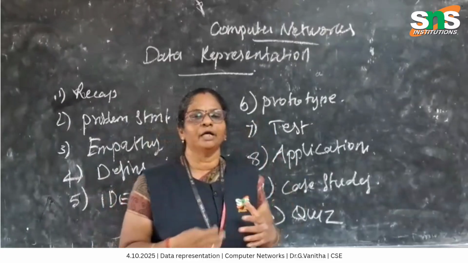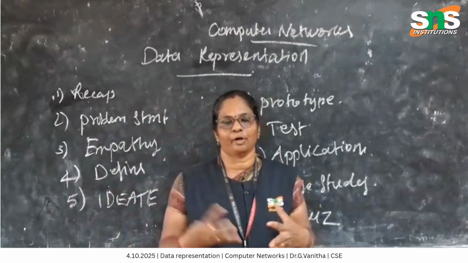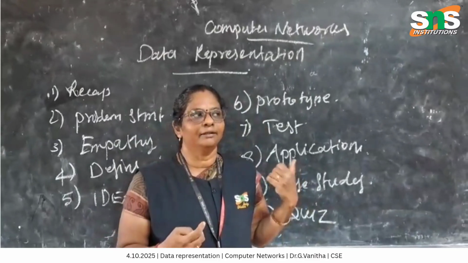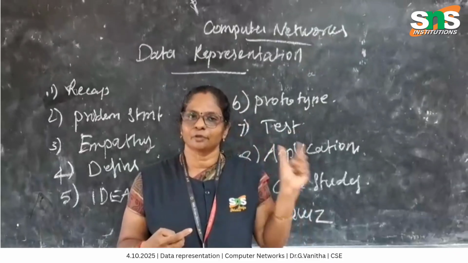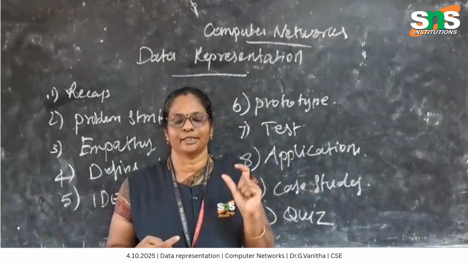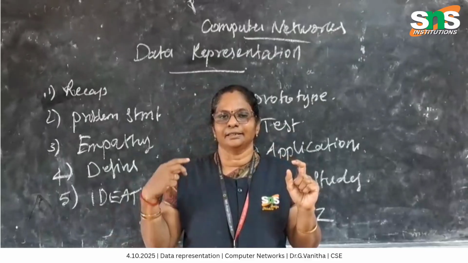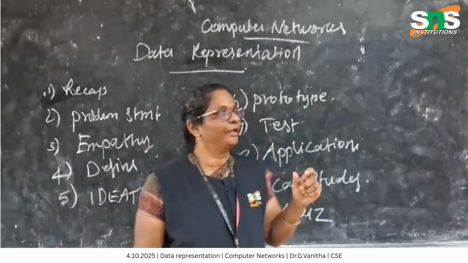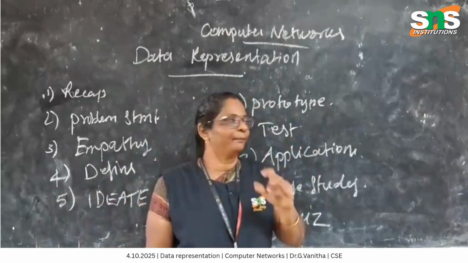In the prototype, we develop the prototype to solve that problem through ideate. Here in the zeros and ones format, it may connect two devices, source and destination, and transfer the messages. The zeros and ones are converted into a certain format at the destination to reach the particular application. So we develop the prototype to achieve the particular application format.